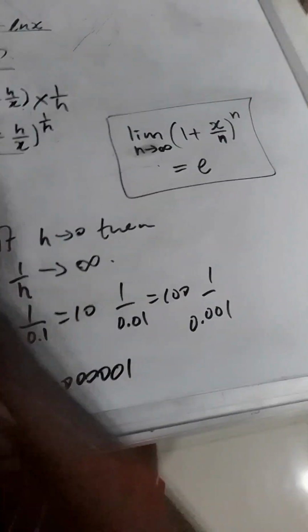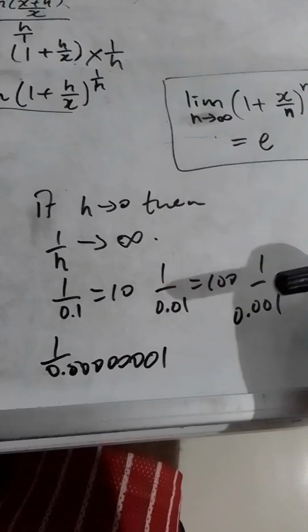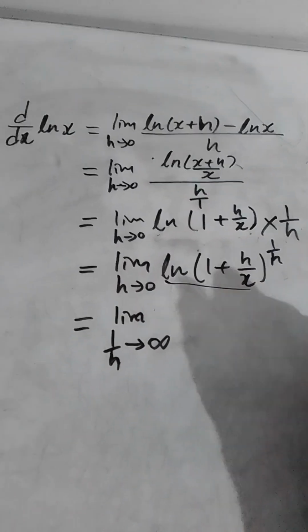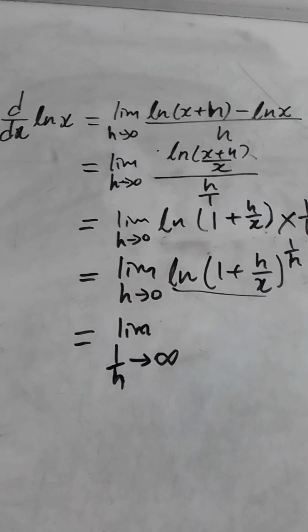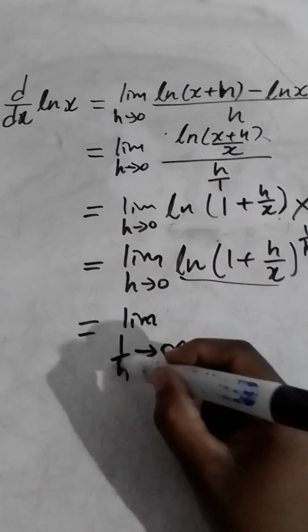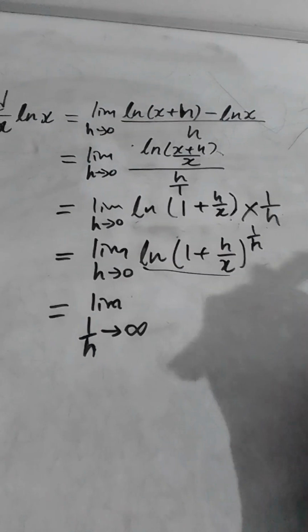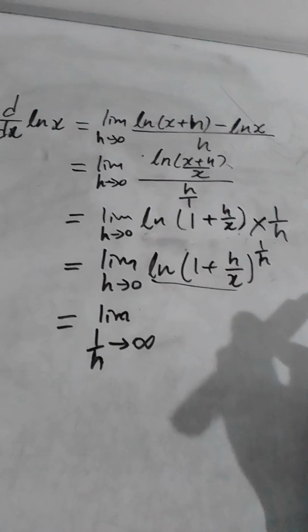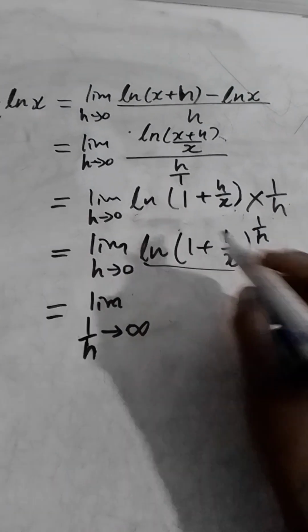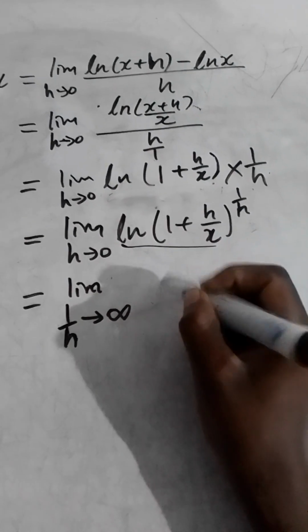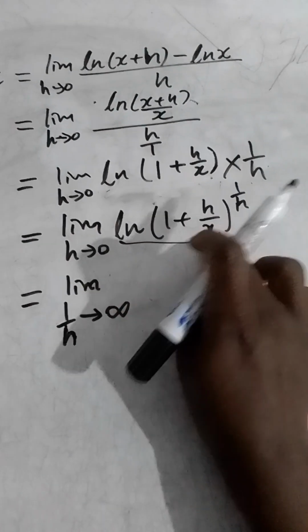So as h gets closer and closer to 0, 1 over h becomes bigger and bigger infinitely. To say it gets closer and closer to infinity suggests that infinity is a certain point that you can reach. Well, it's better to say it becomes bigger and bigger, right? So let's see.